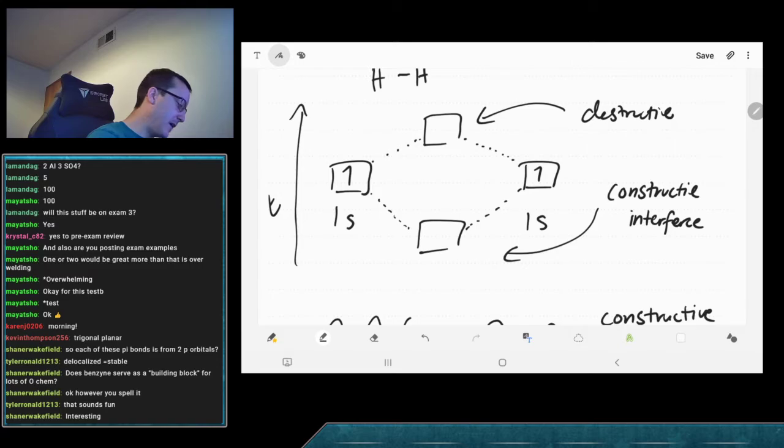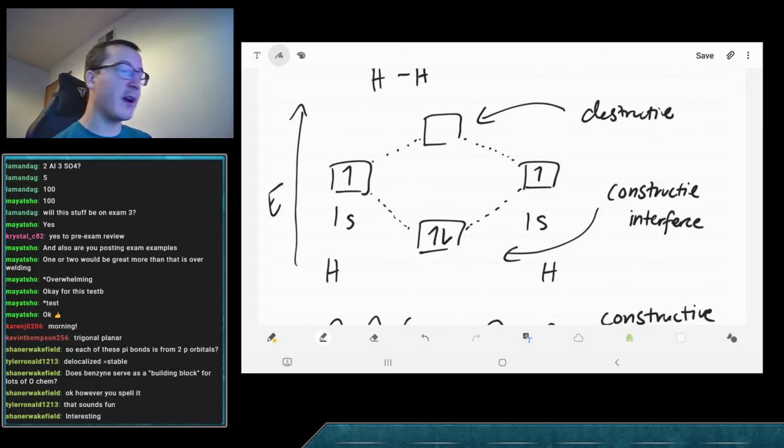Here, energy is basically our axis. We can make our electrons happy by adding them together constructively. If we do that, we just put the electrons, these were the hydrogens here, into this low energy orbital. We always try and do that, right? We want them to interact happily together.